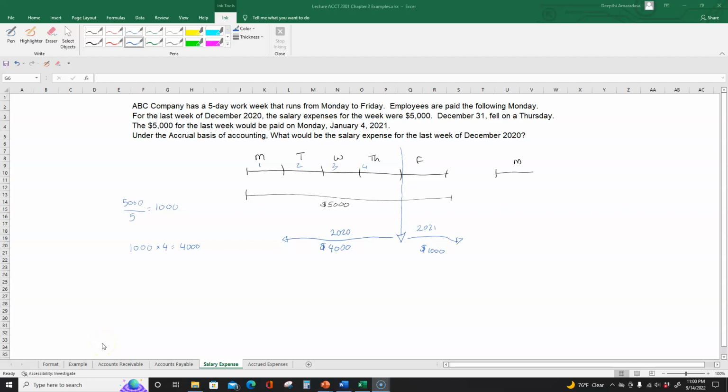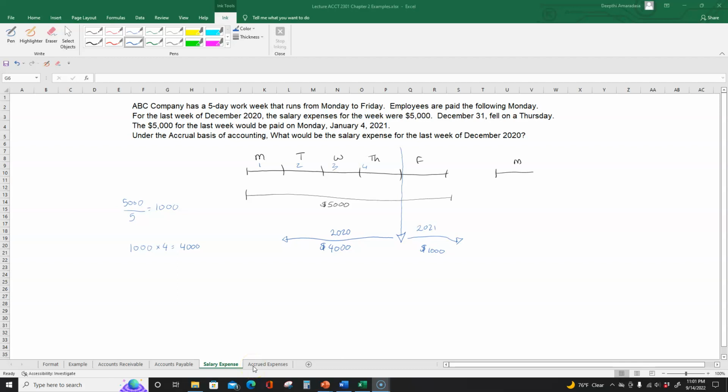These types of entries are called end of period adjustments or adjusting entries. On December 31st, the company will recognize $4,000 of salary expense and $4,000 of salaries payable. Because remember, the salary has not been paid yet on December 31st, so they're going to recognize the expense as well as the liability that they owe $4,000 of salaries.